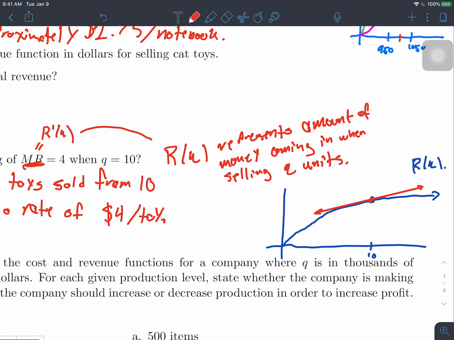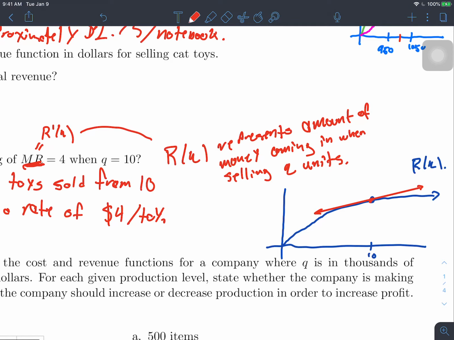Which is a description not of the revenue, but rather of how revenue is changing. What it's really saying is that if we increase the amount of toys that we sell from 10, we're going to be increasing the amount of revenue that we're earning at this rate, approximately.